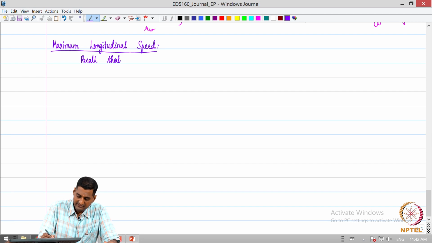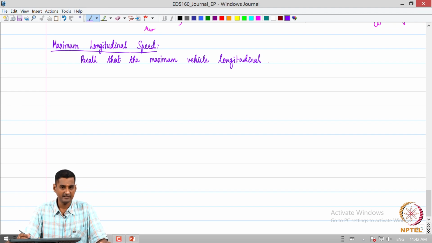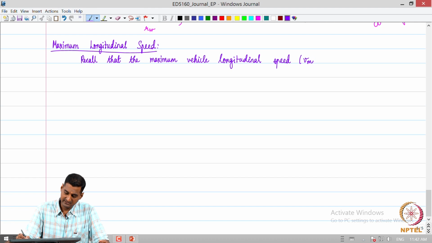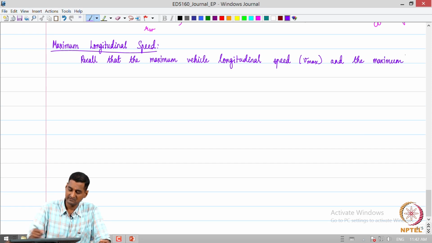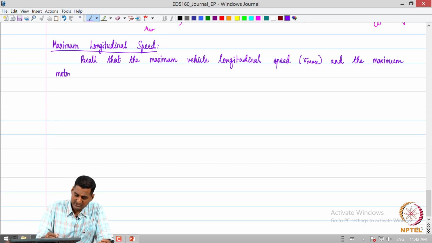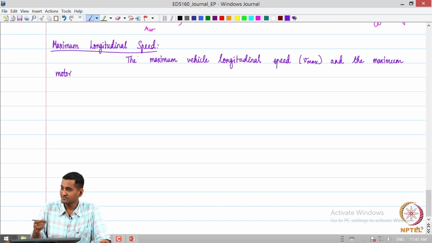Recall that the maximum vehicle longitudinal speed V max, and the prime mover speed, in this case the electric motor, the maximum motor speed, I will not say recall, because we initially wrote down for an engine, so we did not write for a motor.